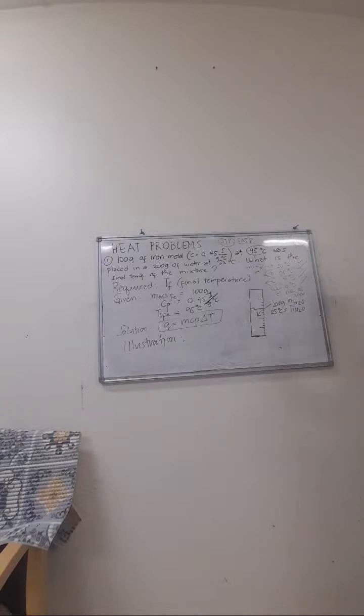STP is standard temperature and pressure; SATP is standard ambient temperature and pressure. So which of these standard conditions will I use? It should be STP or SATP in order for us to get the 1 gram per mL density of water at standard condition, because both are standard conditions.